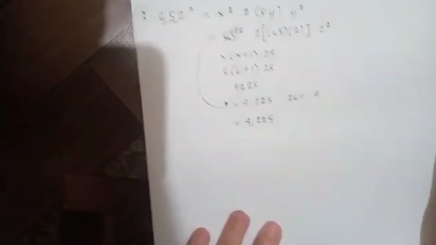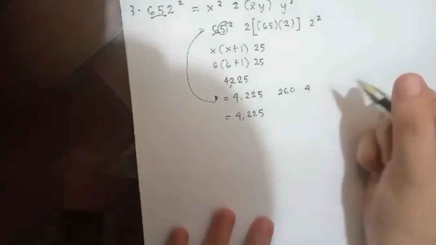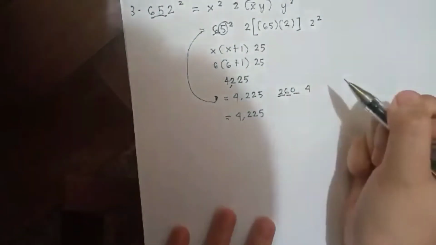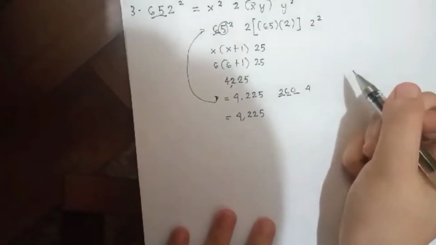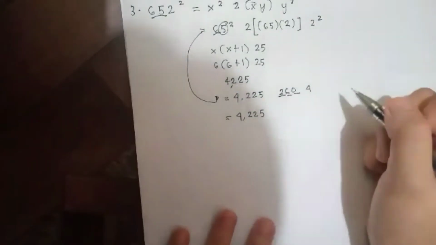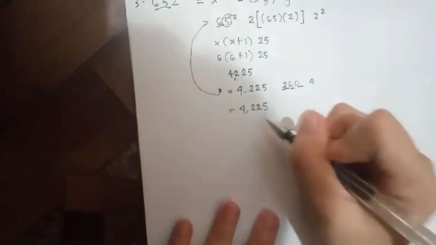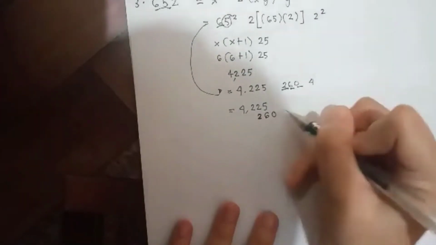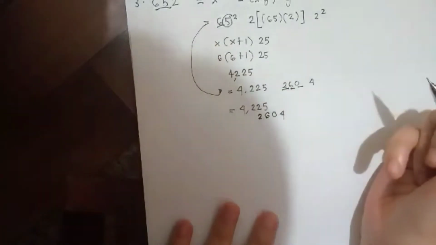Now, what is going to happen here is, since this is a 3-digit number, unlike the previous examples 1 and 2, we're going to start adding like that.